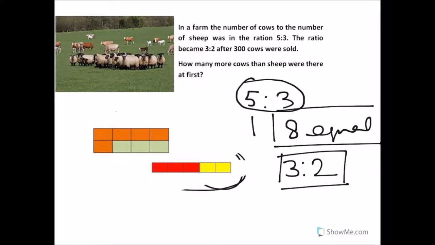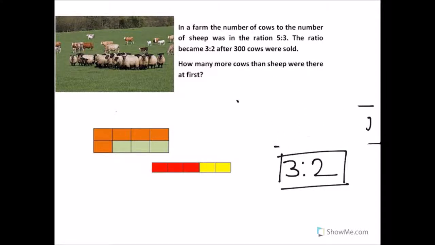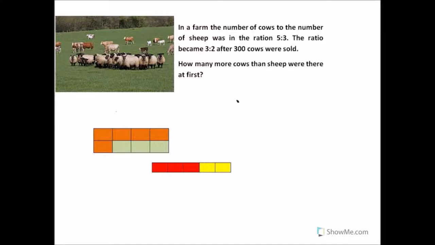Originally the ratio which was given was 5:3 in this case and 3:2. There is no way we can know the number of cows here from here, or the number of cows or sheep from here. The only thing we know is the number of cows reduced by 300, but the number of sheep remained the same. But still there are 3 parts of sheep here and 2 parts here.